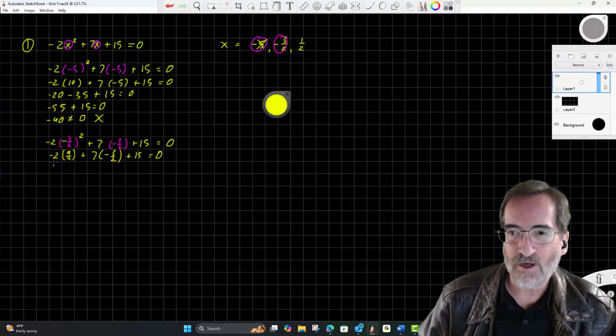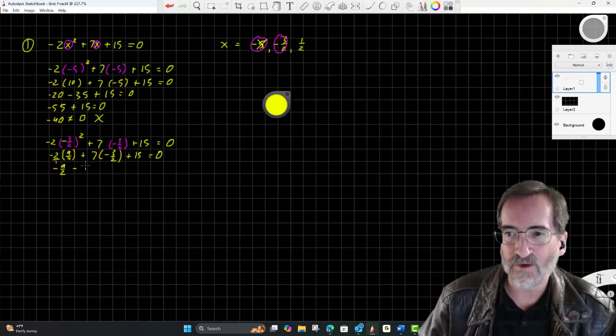Okay, multiply straight across. So think of this as 2 over 1. Negative times positive is negative. 2 times 9 is 18, but I'm going to do a little cross reducing. 2 over 4 reduces to 1/2. So this results in negative 9/2. Okay, positive times negative is negative. Negative 7 times negative 3 is negative 21/2 plus 15.